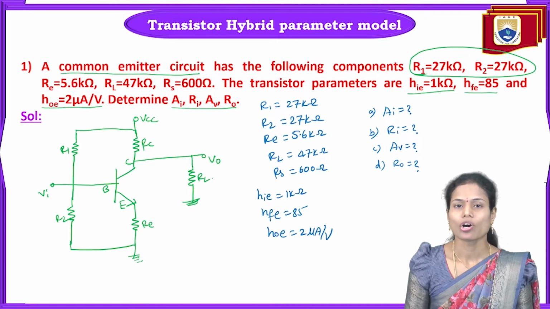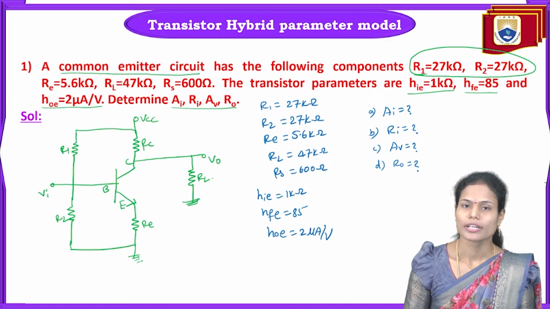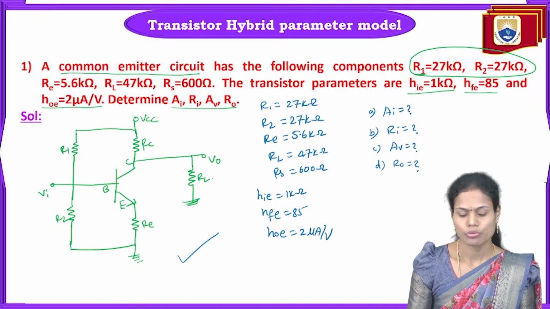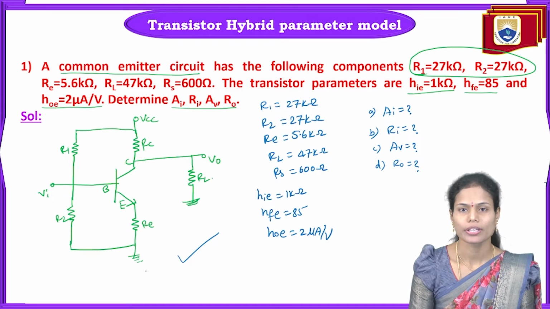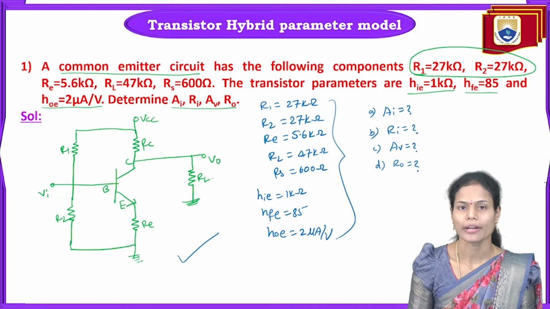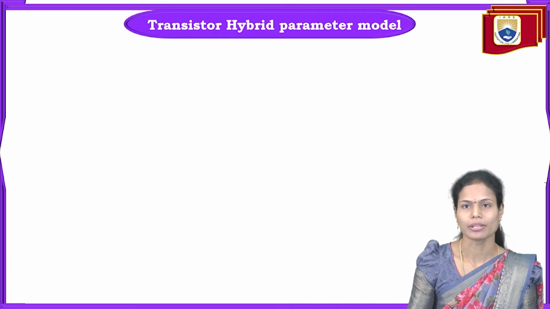I have already mentioned, whenever we are finding the parameters of an amplifier, first of all we have to replace this particular circuit with the AC equivalent circuit or H parameter model. So now I am drawing the H parameter equivalent circuit of this one by utilizing the given parameters or given elements.